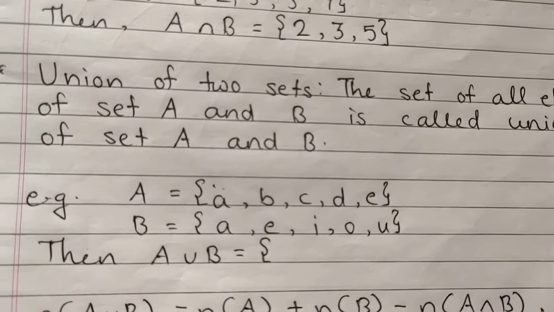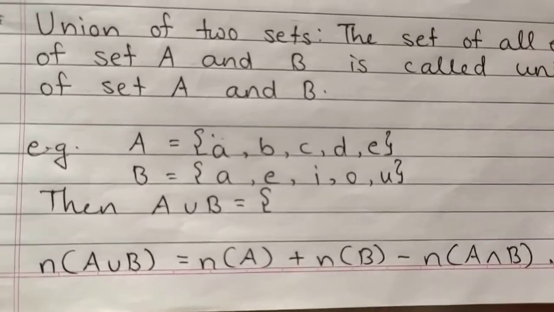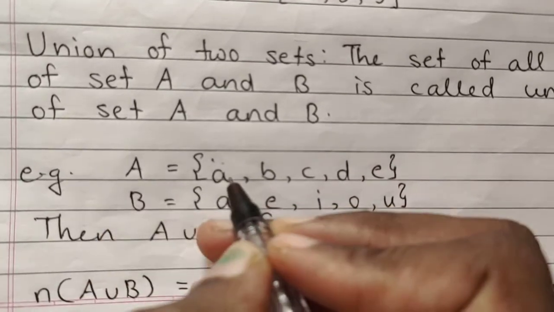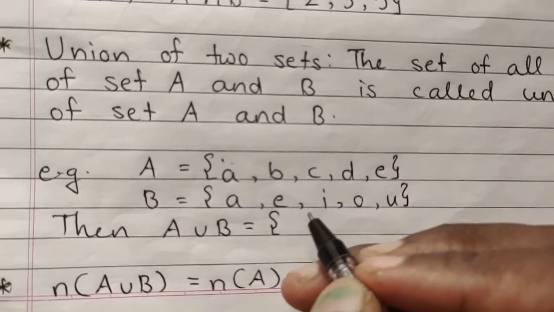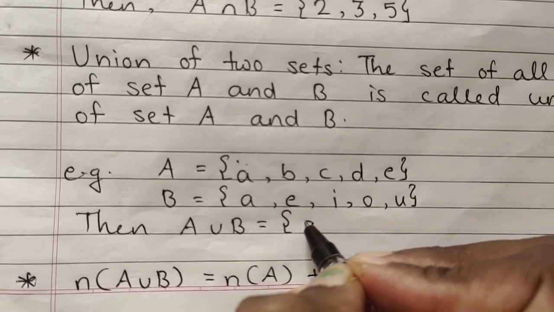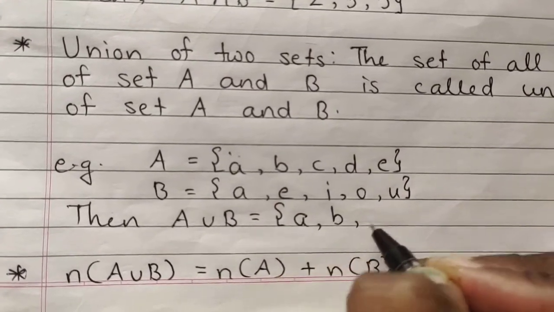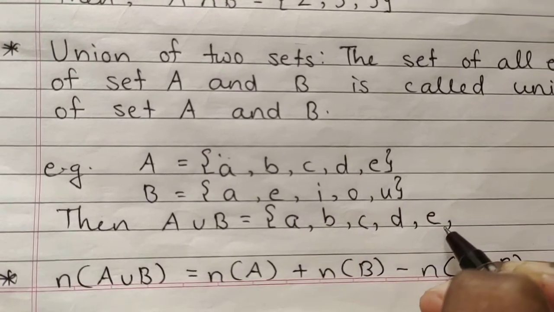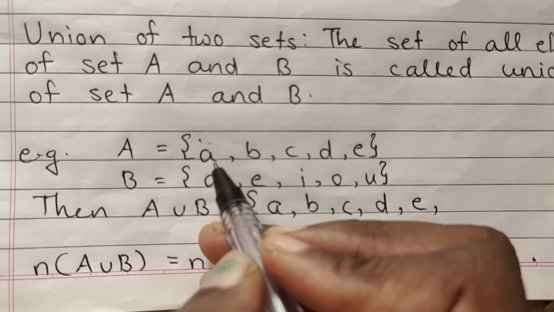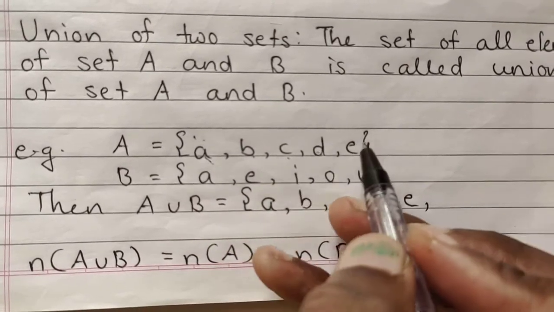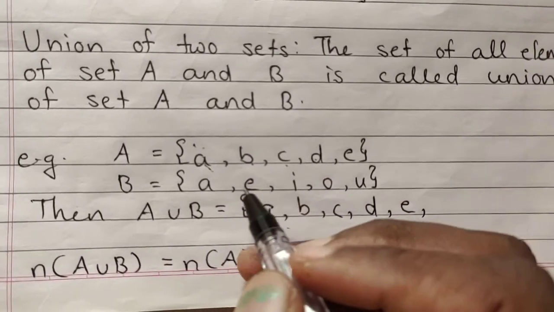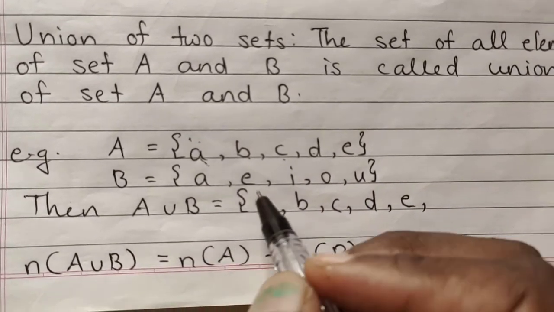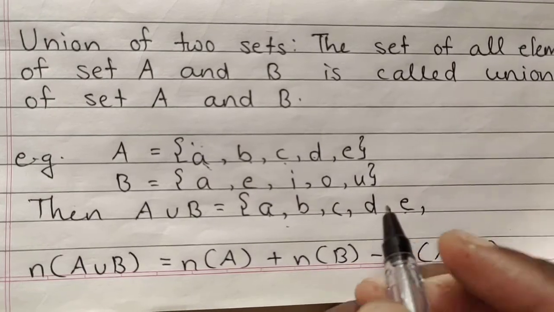So let us see how to write union. For this example, I am going to write all the elements of set A first. Okay, so let me write all the elements of set A: A, B, C, D, E. Okay, you can see I have written all the elements of set A, that is A, B, C, D, E. Now I want to write all the elements of B, but remember, I have already written A, and I have already written E also.